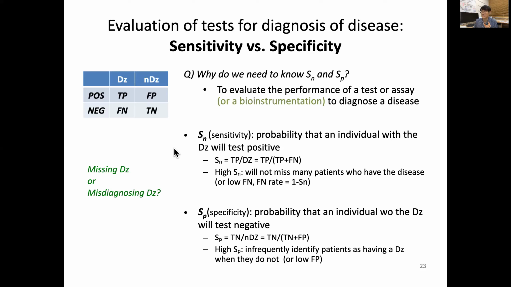High sensitivity means you are less likely to miss the disease using this instrumentation. On the other hand, high specificity means this test is less likely to misdiagnose a disease. It's quite important, but it can also be confusing. Specificity involves only those populations who do not have the disease.